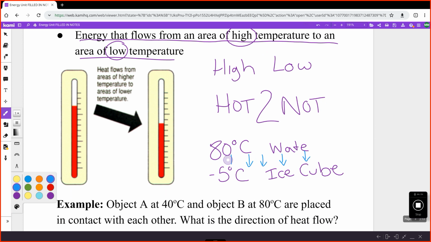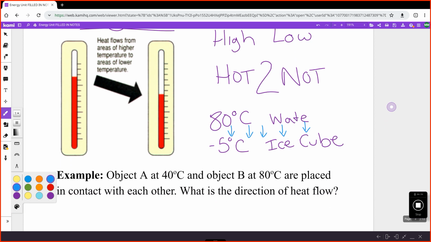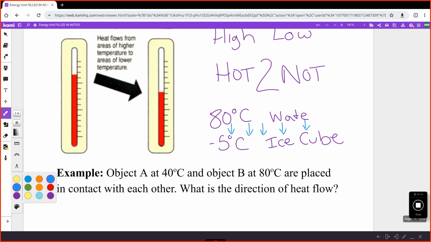That is the heat transfer that would occur. And this would cause the water's temperature to drop slightly. Obviously, the ice cube would reach 0 degrees, and then it would eventually melt. And so this is this heat transfer. Energy always goes from higher energies to lower energies.